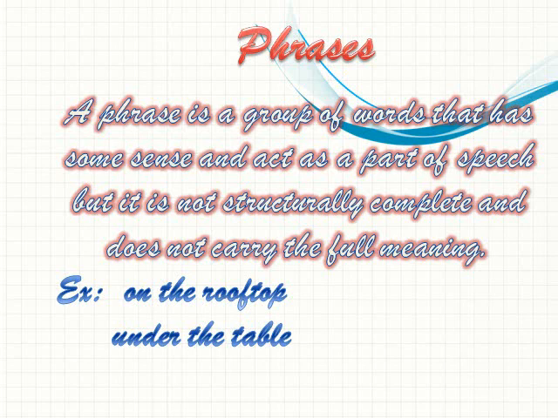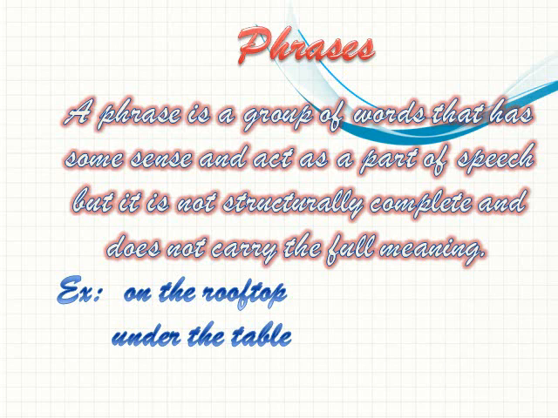Say, for example, if I say on the rooftop, through these three words you may get some meaning, that somebody or something is there on the rooftop, or something is kept on the rooftop. But who or what, you will not get the answer. So here the subject is missing, and the sense is also not complete.